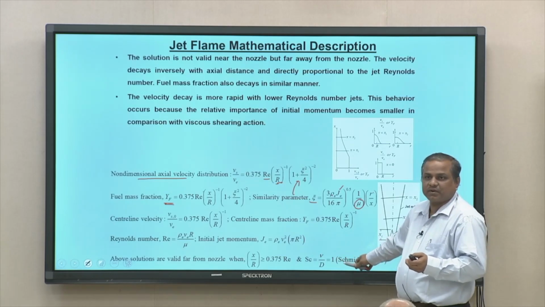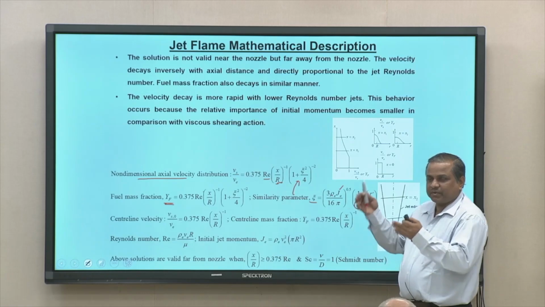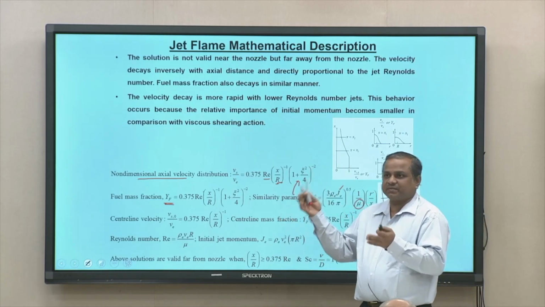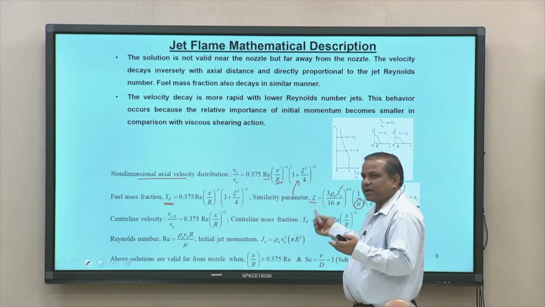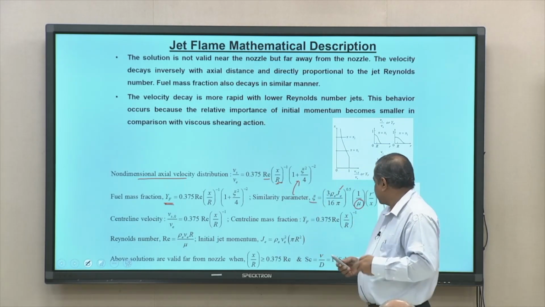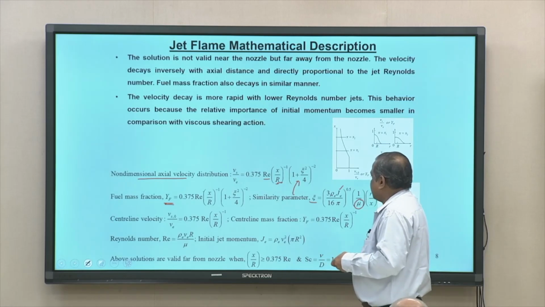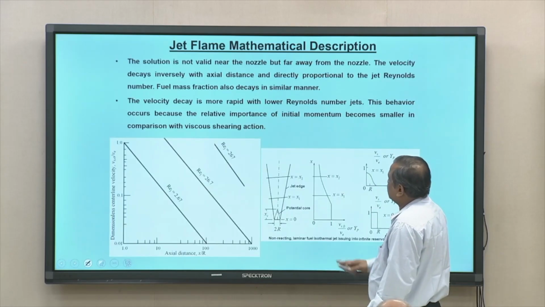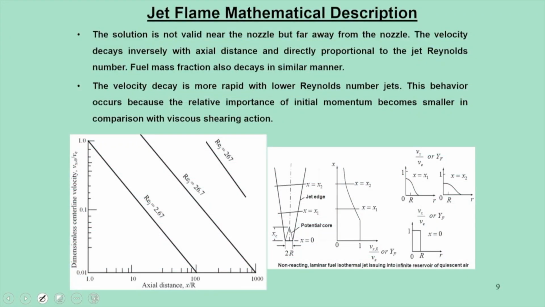Otherwise this wouldn't be 1, because the binary diffusion would have a certain fixed value when we introduce the diffusion coefficients. So whatever we say analytically can be represented in a graphical manner, just to study what the Reynolds number effect is.